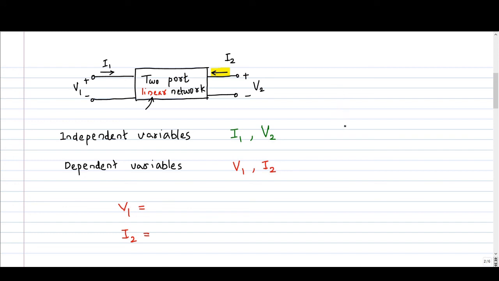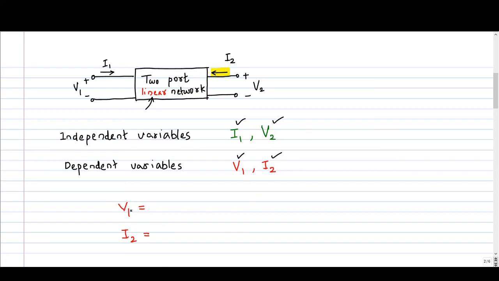In H parameter modeling, the independent variables are input current I1 and output voltage V2, and dependent variables are input voltage V1 and output current I2. The dependent variables V1 and I2 can be expressed as a linear combination of the independent variables I1 and V2.